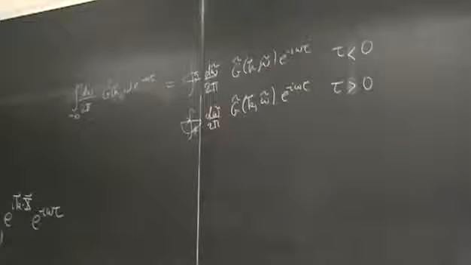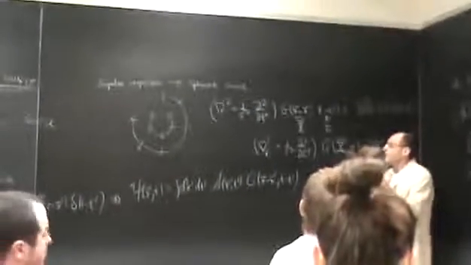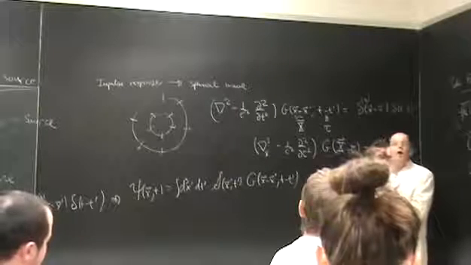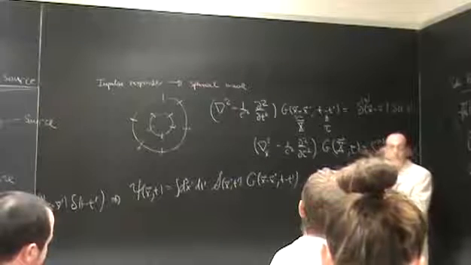So, causality would tell us we expect, if we're talking about what the wave is due to sources, that this Green's function is causal, if that's what we're interested in.